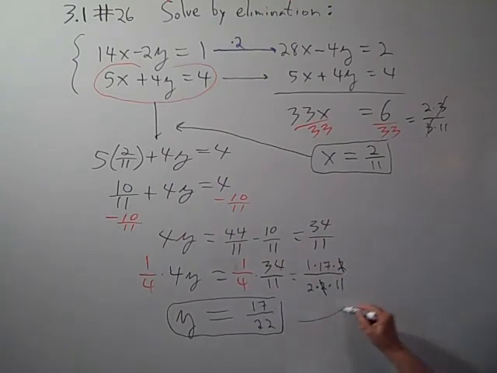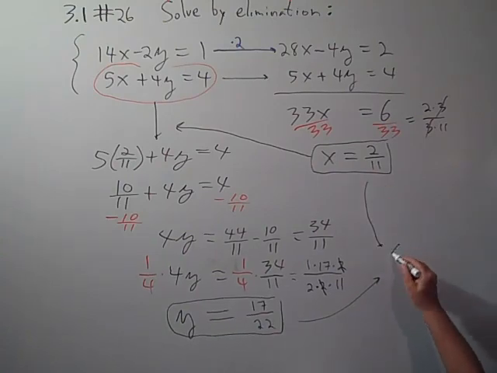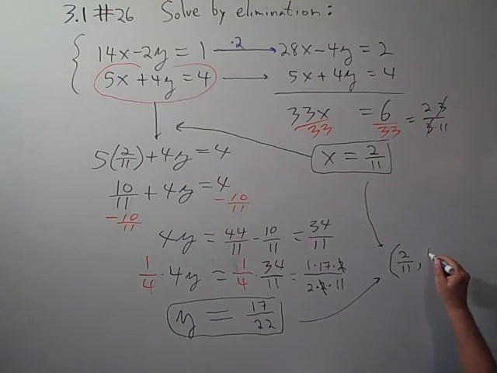Therefore, the point of intersection of these two lines has x-coordinate 2 11ths and y-coordinate 17 22nds. So there's the solution of our linear system.